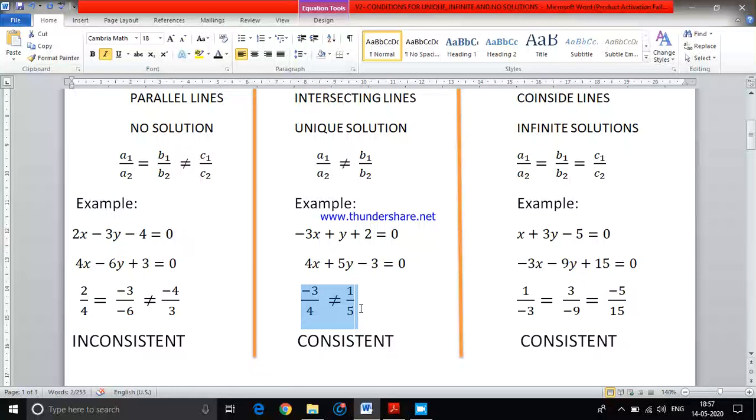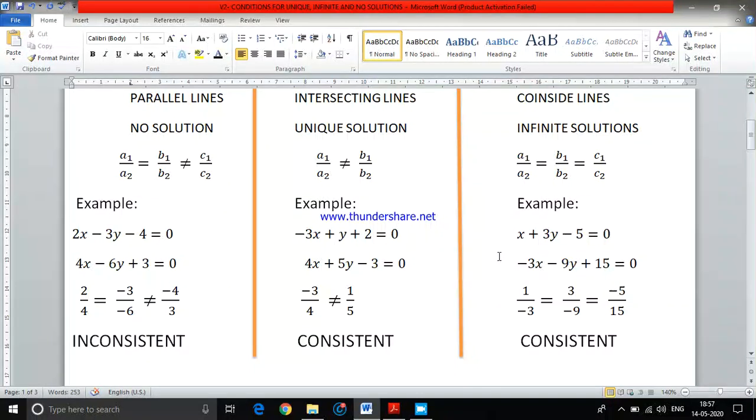We don't bother about the constant ratio c1 upon c2. But for no solution and for infinite solutions, I have to find all three ratios. If all the three ratios are equal, then infinite solutions. If the third ratio is not equal to the ratio of the first two terms, then no solution. That is the parallel condition. Hope these three conditions are clear to you.